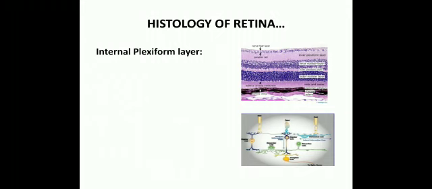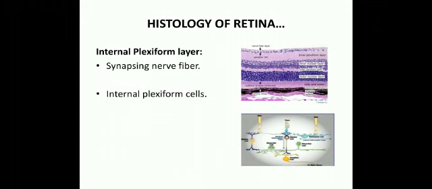Internal plexiform layer. The internal plexiform layer, or the inner synaptic zone, consists of synapsing nerve fibers. The axons of bipolar cells synapse with the dendrites of the ganglion cells, and both these processes synapse with the processes of amacrine cells.